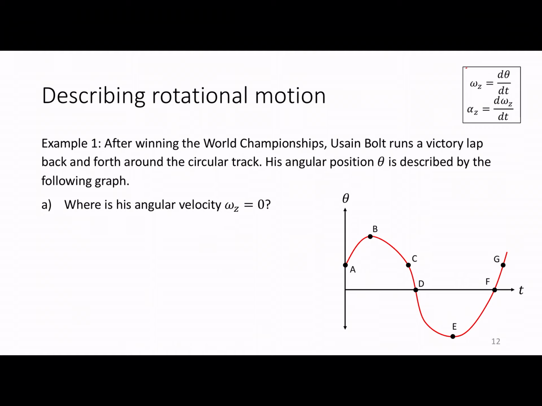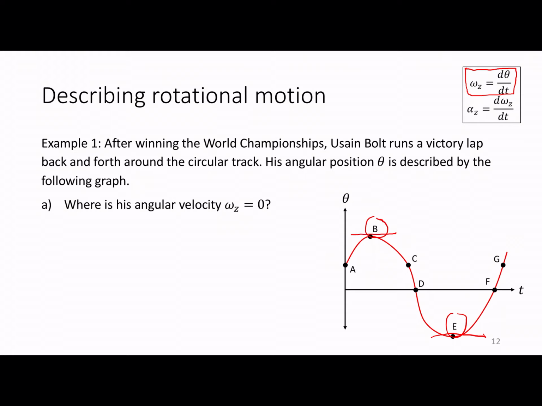What we do know is that omega is the derivative of theta. If the derivative is 0, derivative again means slope, so that means the slope is 0. And there are 2 points on this graph where the slope is 0. At point B, it's a maximum, the slope is 0, and at point E, it's a minimum, the slope is 0.